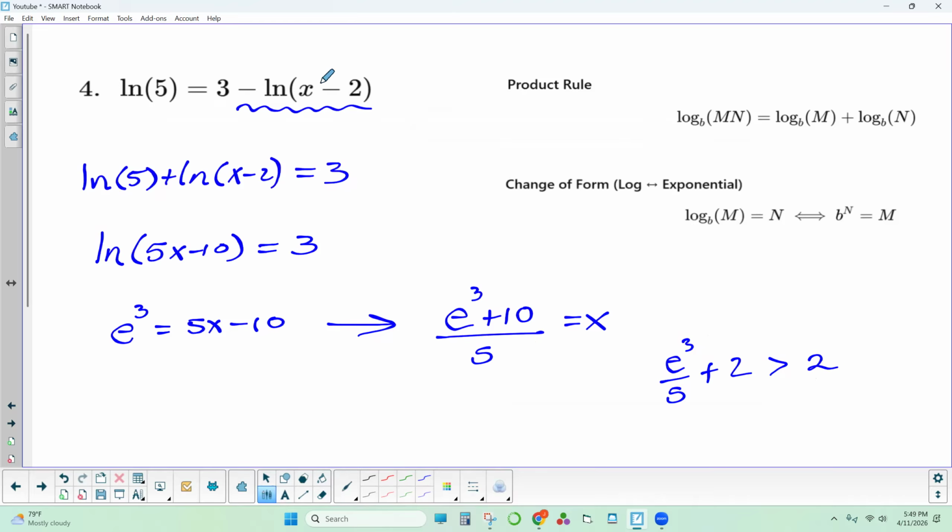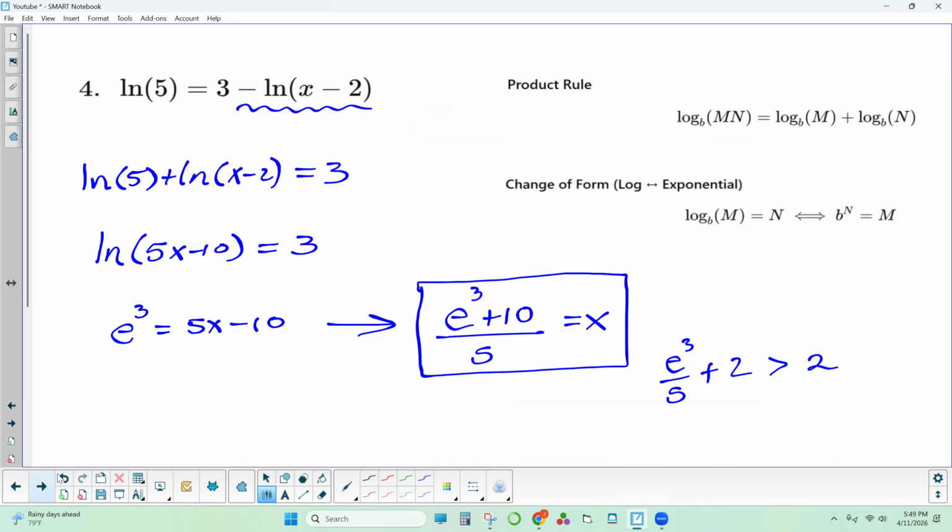Because I've got a minus 2 up here in my argument. And if you look at that, yes, it does. It is, in fact, greater than 2. So we are good to go. This is our solution, and that is our exact form. Okay?